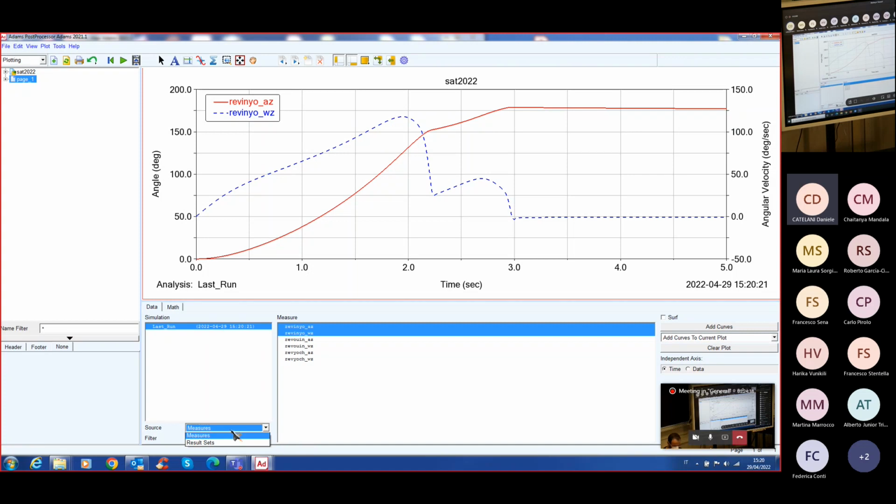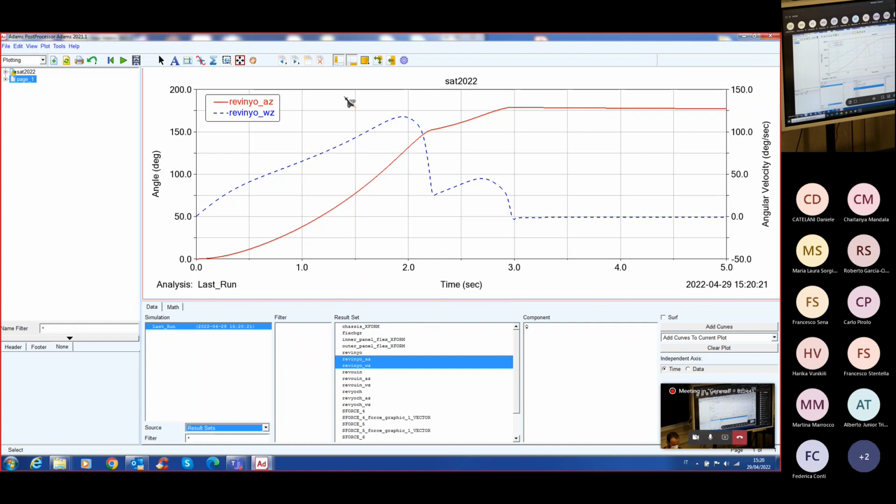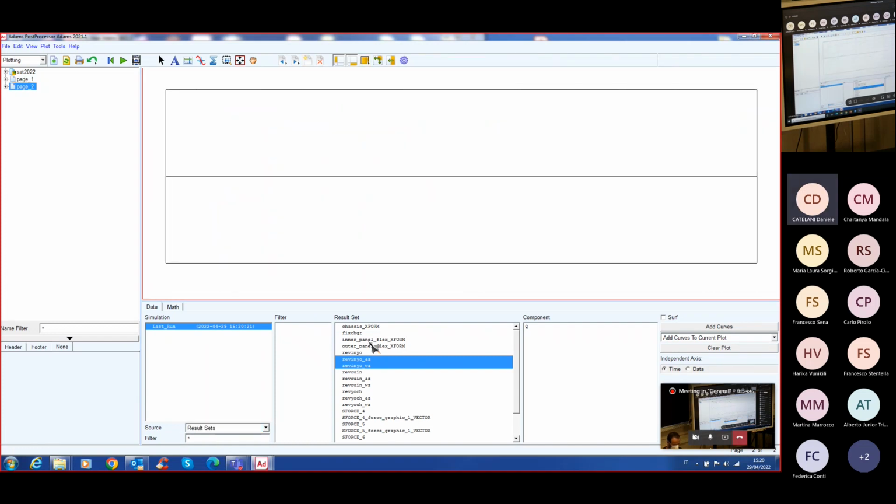If you go to results here and you search for flexible body component, inner panel or outer panel, you see that you can print and plot the rigid displacement of the rigid part. Sorry, you can visualize the total displacement of the body, including the rigid part and the deformation, X, Y, Z of a body, for example, this one.